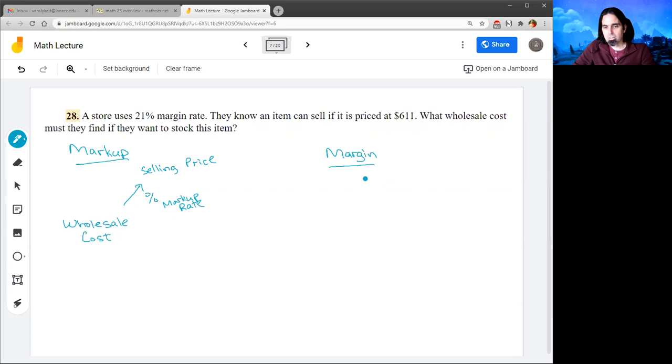Margin is the opposite. We're going to start with the selling price and we go down a certain percent. And then we're wondering, can we find a wholesale supplier that can get it to our store at a cost that works? So we're going to call this one the margin rate.